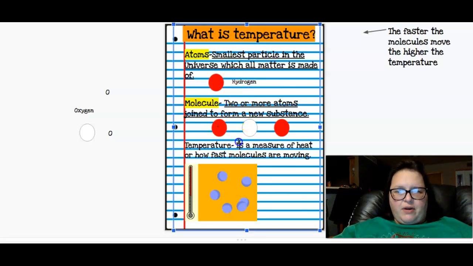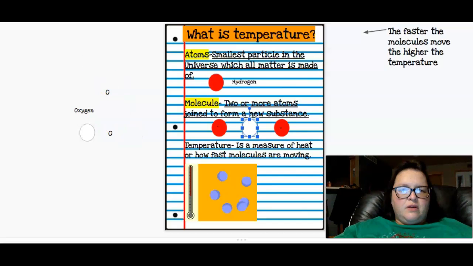It's not cooperating. But we're going to put an H on this one, an H on the other red one. Let's see here, H. There it is. And I'm going to label the white one with an O because I want it to be oxygen. So here comes my O. O. Okay, so we have 2 H's and 1 O.